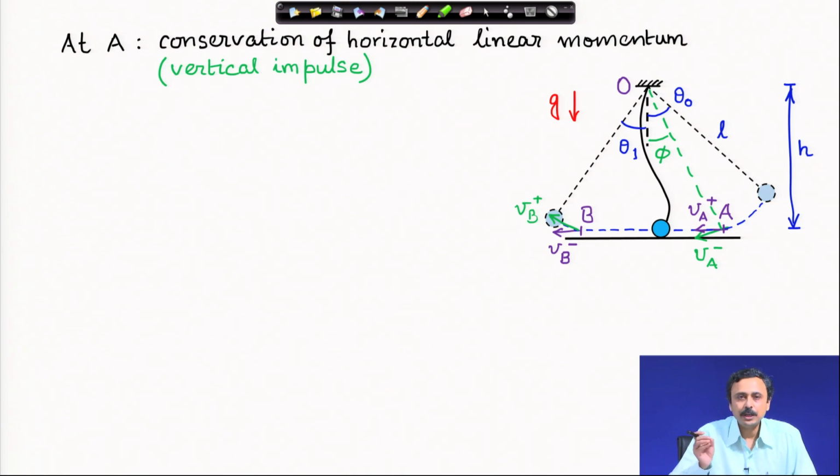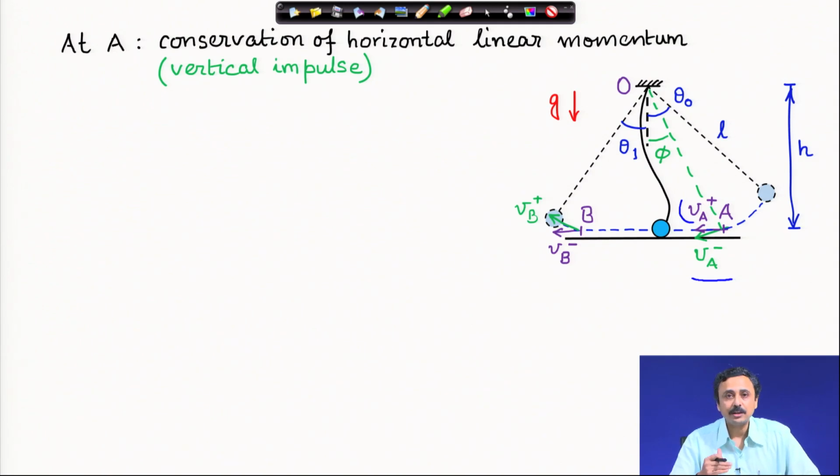If you notice carefully, the bob was traveling on an arc, hits the ground, just before it hits the ground, its velocity was V_A minus. Just after it has hit the ground, its velocity is V_A plus. These two directions are different, you can notice.